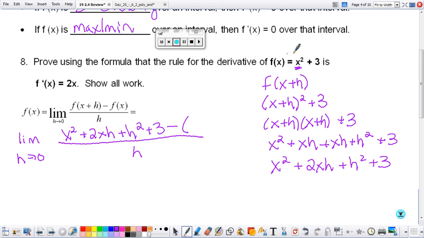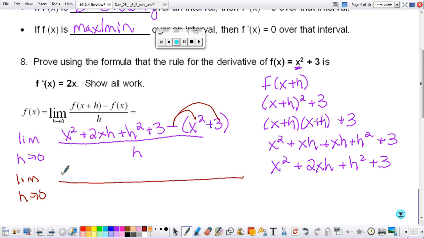So now I'm going to subtract the original function. And the reason I put parentheses is because you have to distribute this negative. It is necessary. So now if I rewrite everything with the negative distributed, that's minus x squared minus 3.